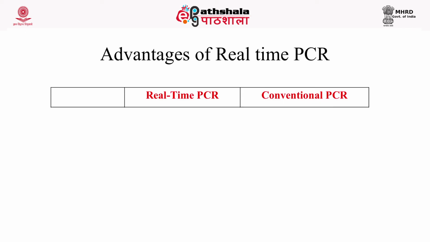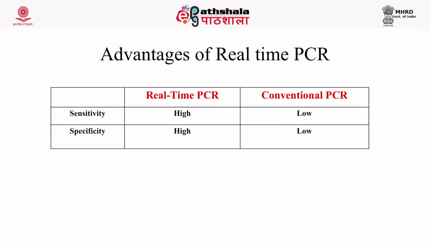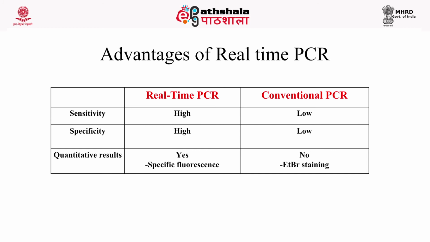After studying real-time PCR, let us see what are the advantages of real-time PCR over conventional PCR. The first advantage is that the sensitivity and the specificity of real-time PCR is very high as compared to conventional PCR. The quantitative results are measured in terms of fluorescence value in real-time PCR.